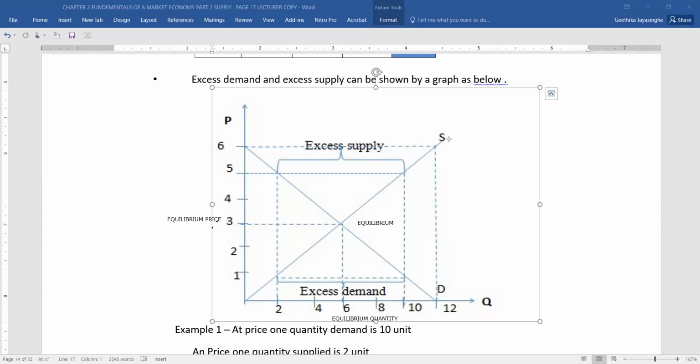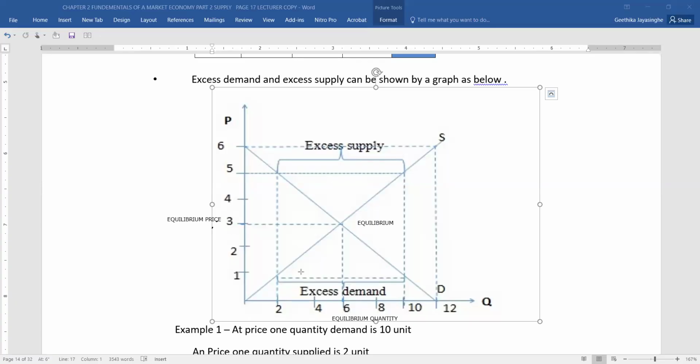This is your supply curve and this is your demand curve. So here below the equilibrium, your prices are really low. At that time, people want to buy more. So you can see your demand is like 8, 10, 12. At very low prices, suppliers or the firms wish to supply less.